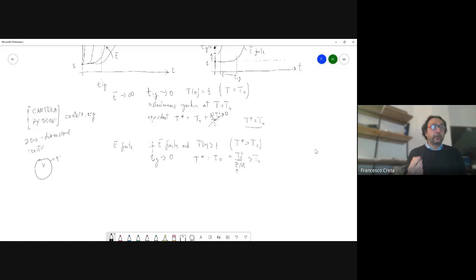Well, I can give you a glimpse of them. You have reactors that are a little bit more complex than this, that have an input-output.